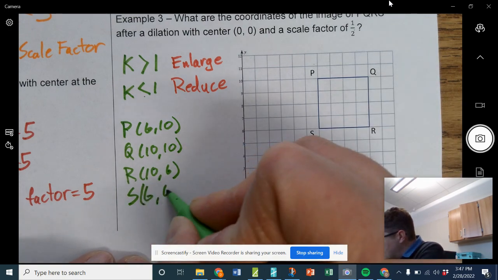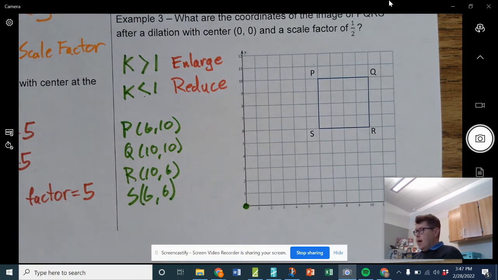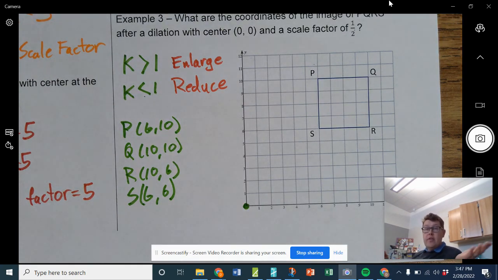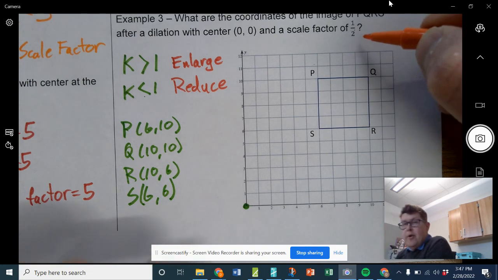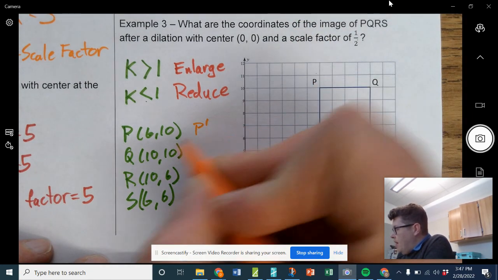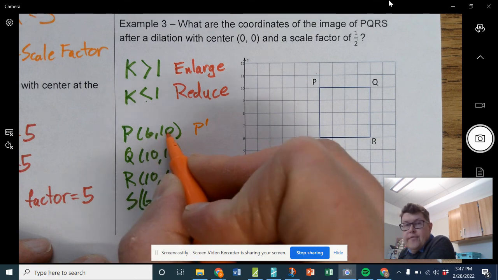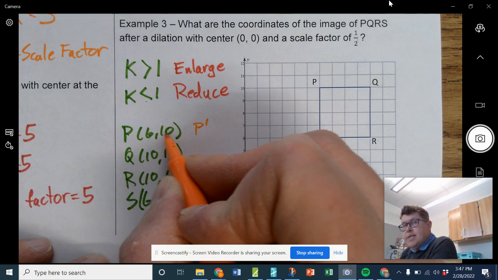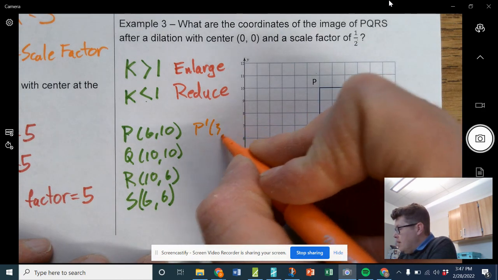This is good because these are all even numbers. So when we multiply by 1/2 or divide by 2, it'll work out to whole numbers. So P prime, after we multiply each of these by 1/2, or think what's half of 6 and half of 10, becomes 3, 5.